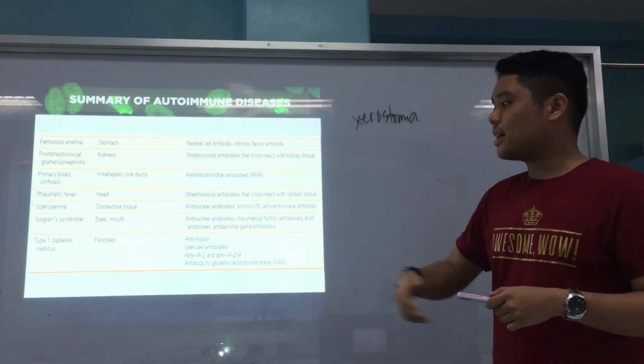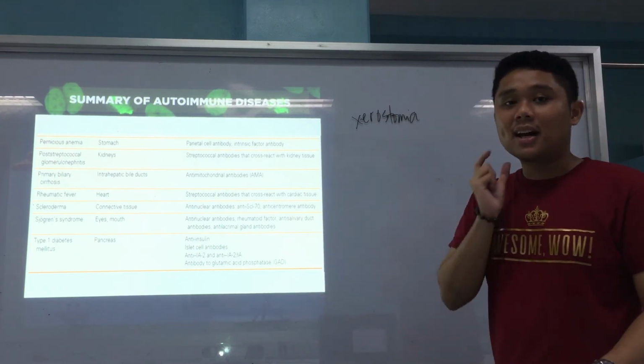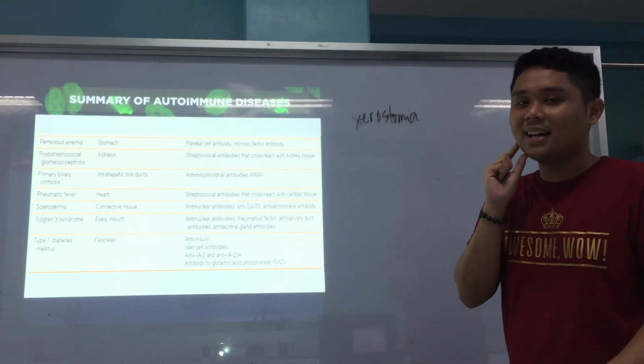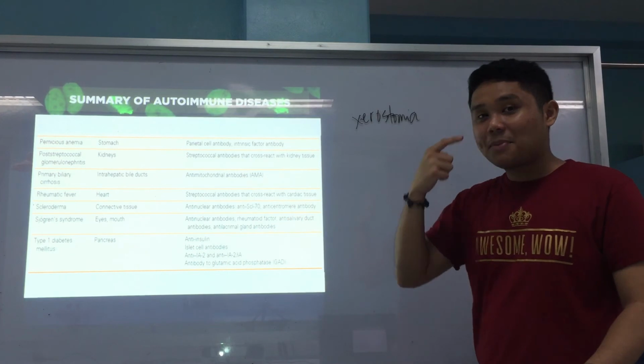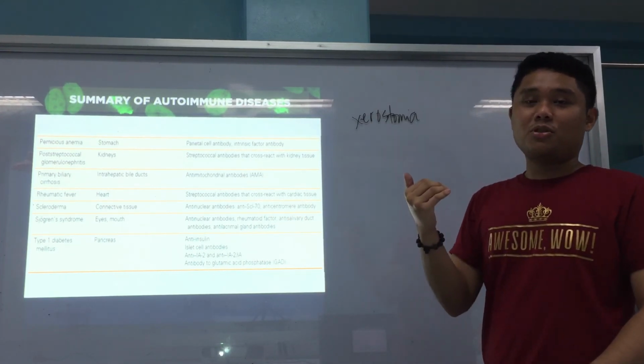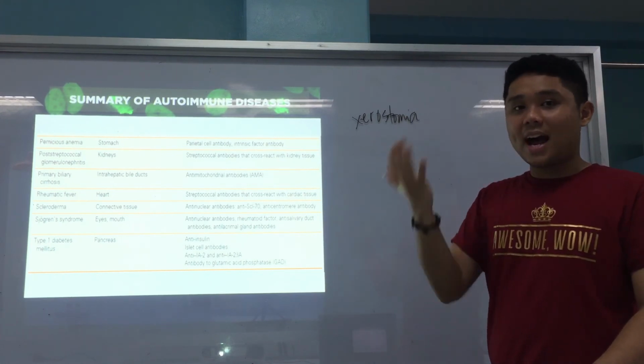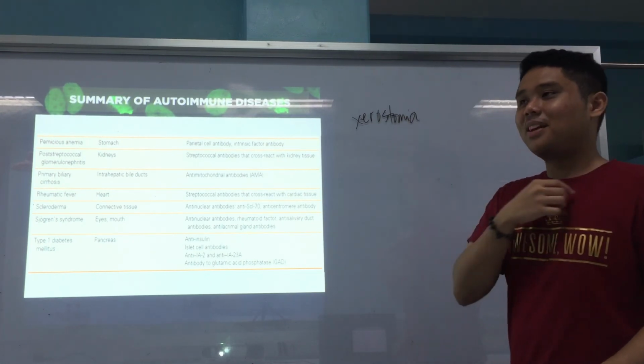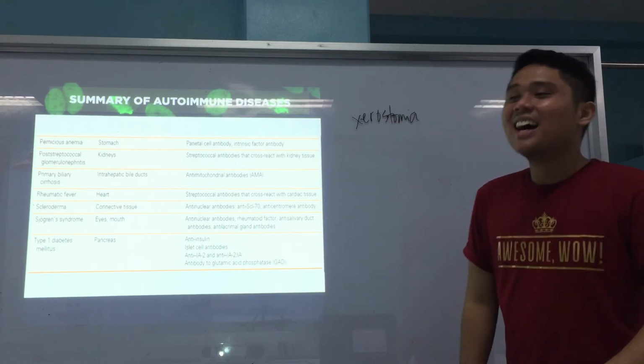And as you can see, the antibodies there are anti-salivary gland, so there is no saliva produced. And anti-lacrimal gland antibodies, meaning no tears are produced. That's why there is dryness of the mouth and eyes. Sjogren's syndrome.